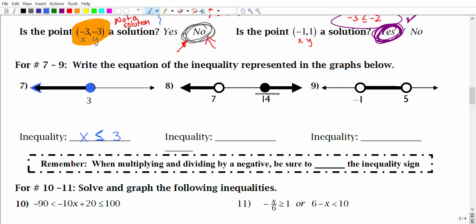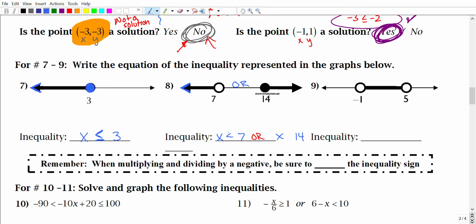Okay, now the next inequality, we have x and 7. And remember, there's a gap here, so this is an or statement. So I'm going to say or x and 14. Now I just have to figure out what symbols I've got to use. Well, again, at the 7, we're shading to the left, so I'm going to do a less than symbol.